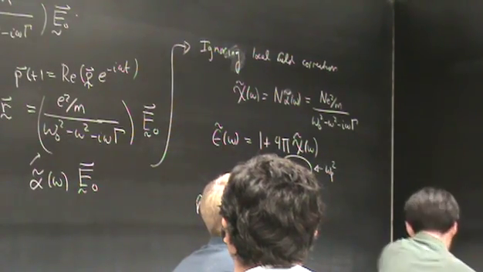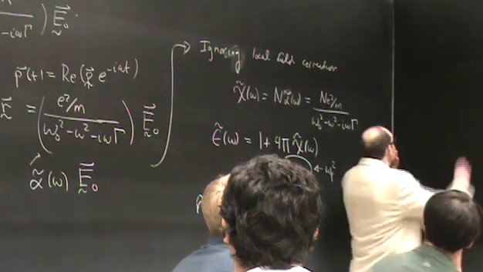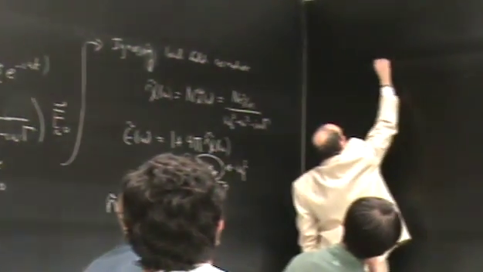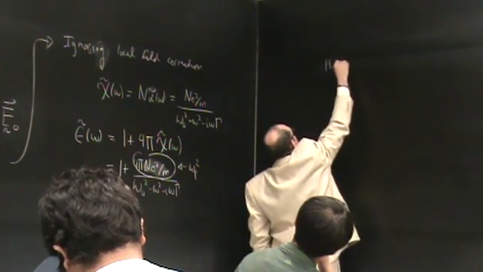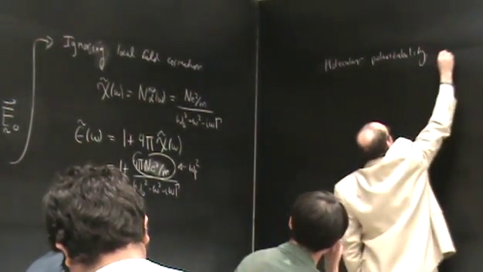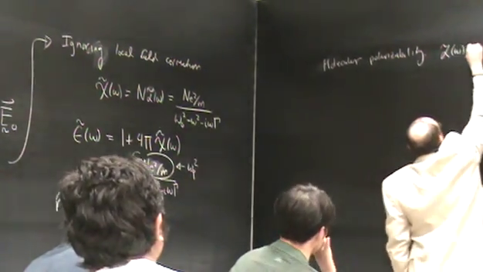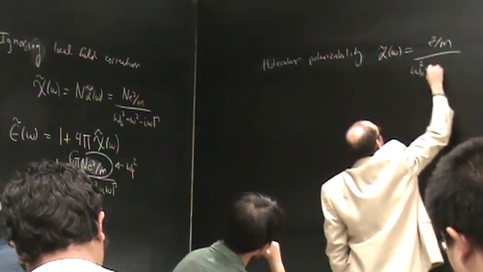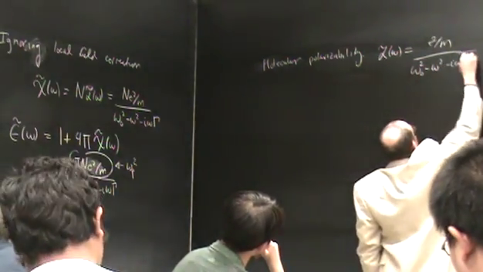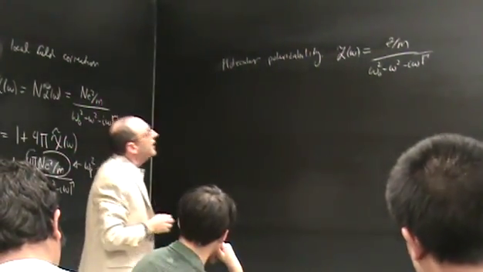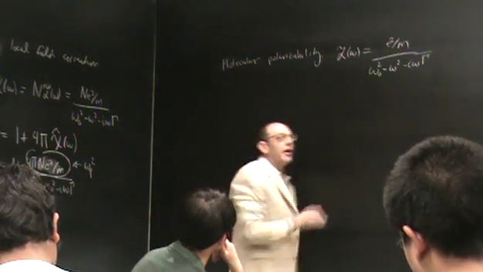All right, so my molecular polarizability alpha, we said, is e squared over m, over omega 0 squared minus omega squared minus i omega gamma. All right. So let's look at this near the resonance.